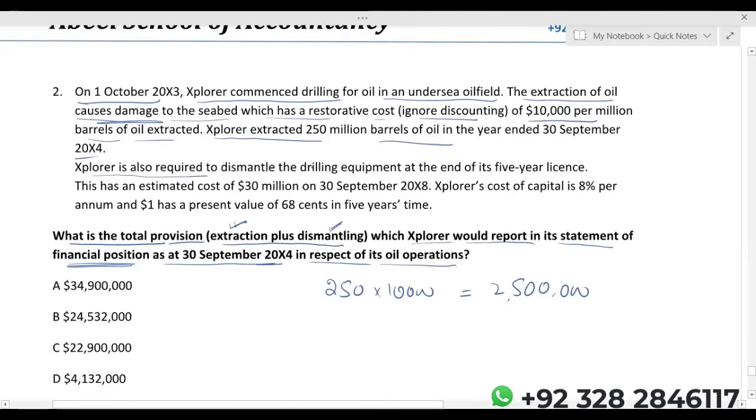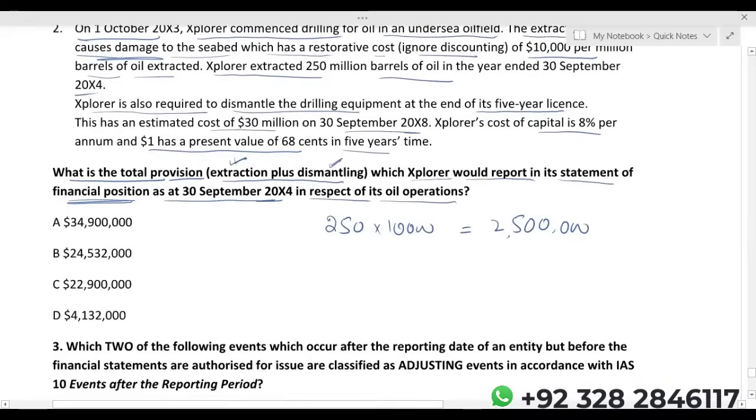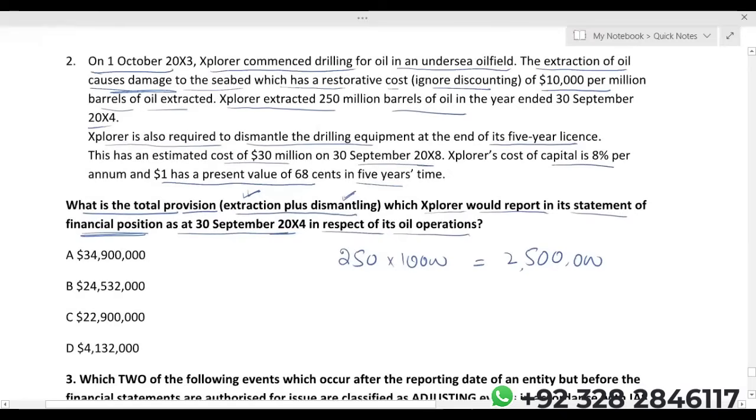Explorer is also required to dismantle the drilling equipment at the end of its 5-year license, on 30th September X8. This has an estimated cost of 30 million. Explorer's cost of capital is 8% per annum. $1 has a present value of $0.68 or 68 cents in 5 years' time. Now listen. Right now we are at 1st October X3.